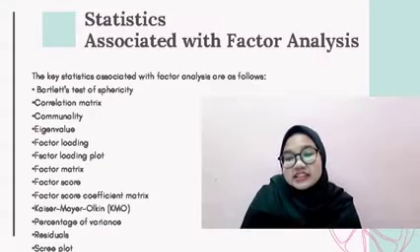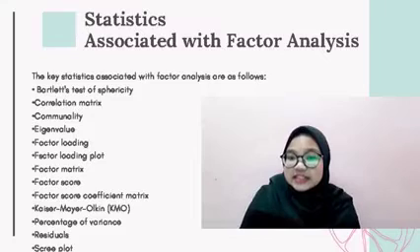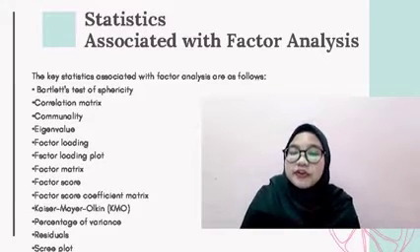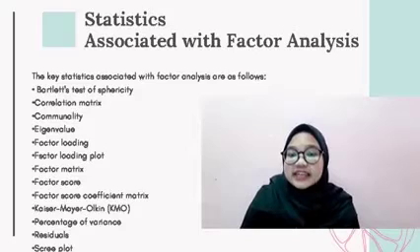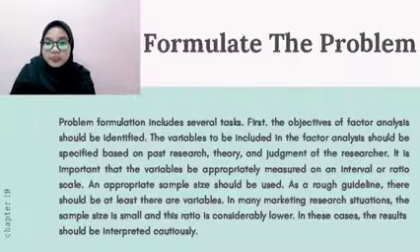The key statistics associated with factor analysis are Bartlett's test of sphericity, correlation matrix, communality, eigenvalue, factor loading plot, factor matrix, factor score coefficient matrix, Kaiser-Meyer-Olkin or KMO, percentage of variance, residuals, and scree plot.